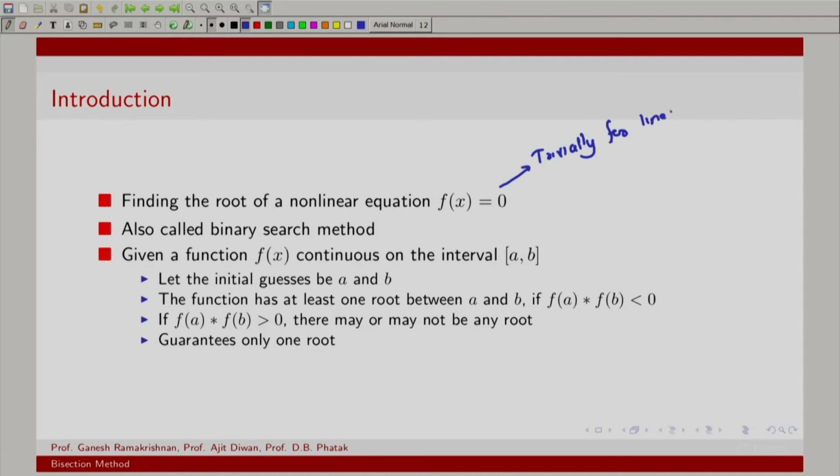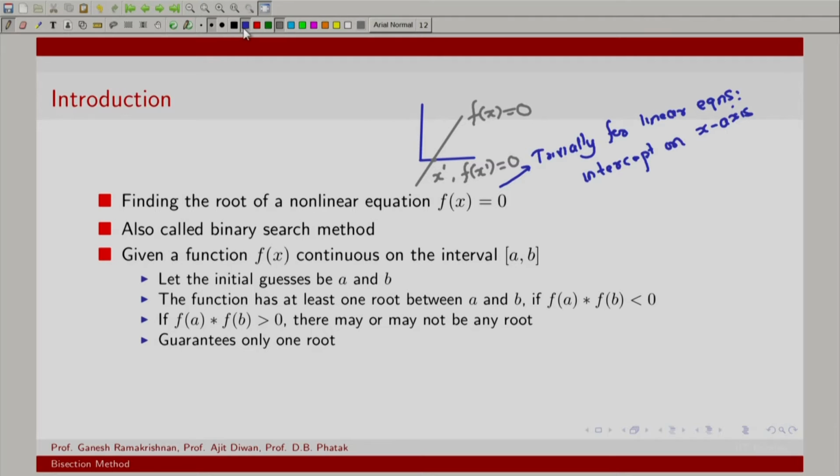For linear equations, it is nothing but the intercept on the x axis. Pictorially, this is what we mean. If this were your equation f(x) equal to 0, this intercept x dash would correspond to f(x dash) equal to 0.